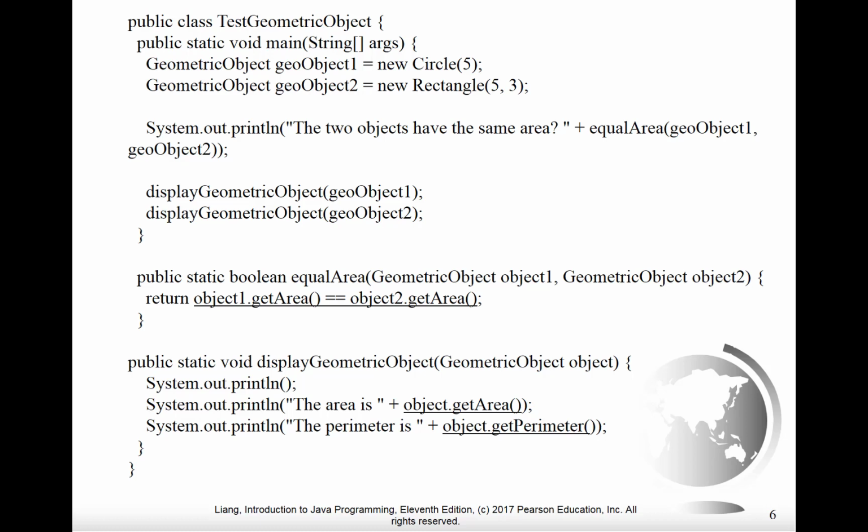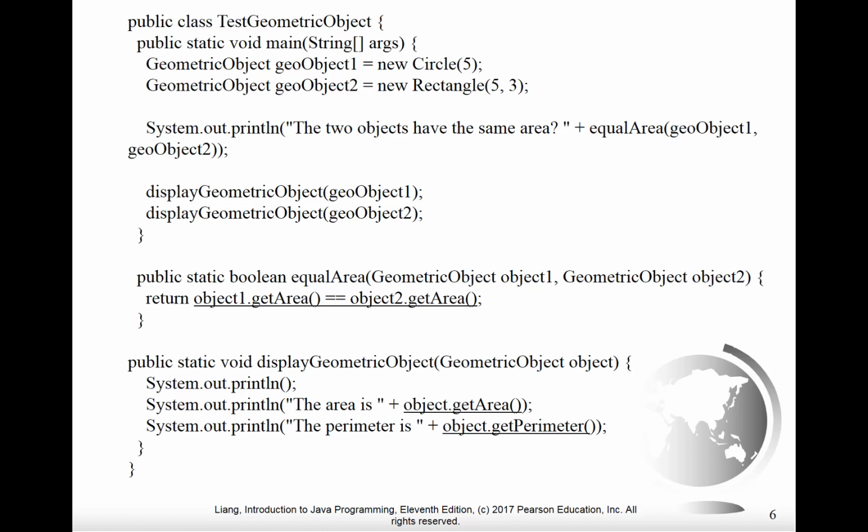In other words, we're going to execute the appropriate getArea methods for the actual types of objects that we have been passed to use.